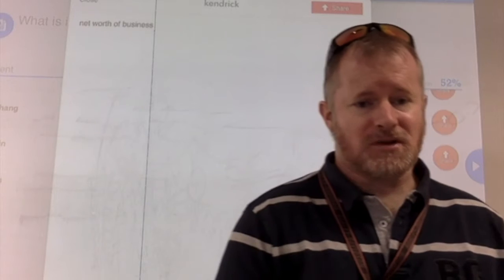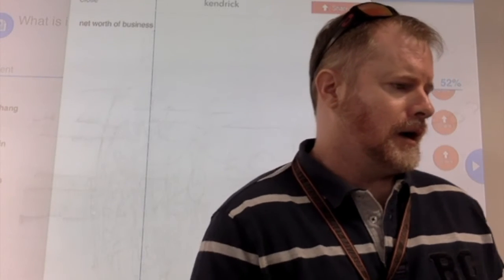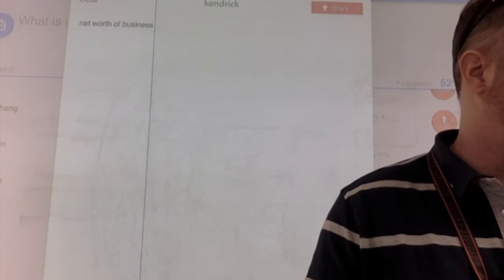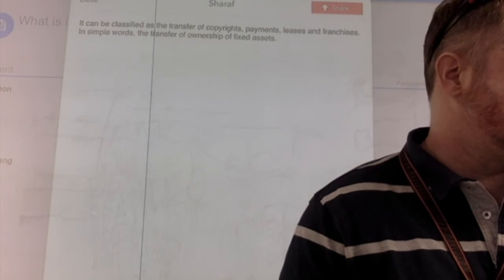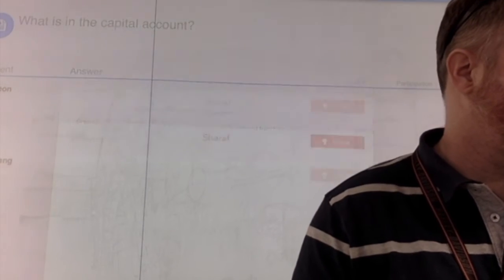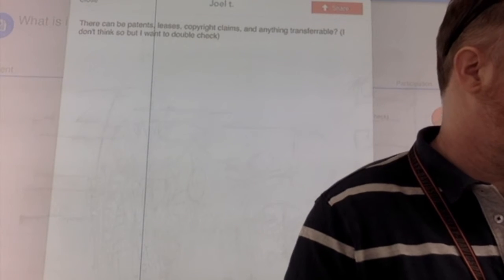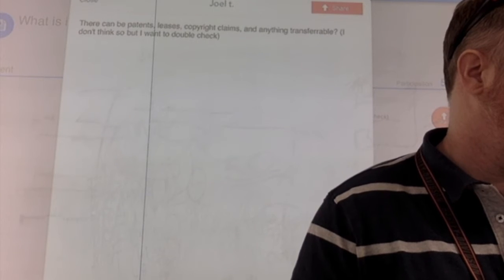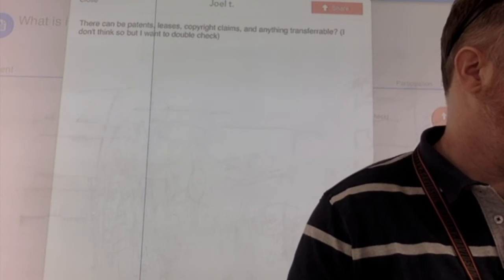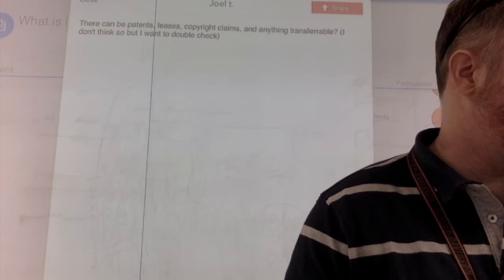That's more of an accounting definition as opposed to a national income account. So you need to think about the national income accounting with regards to the capital account. Good. Yeah, I don't know. You've written, Joel, anything transferable.